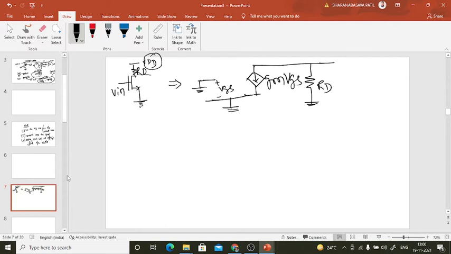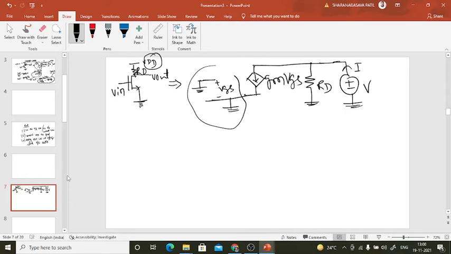That's why this RD is going from drain to ground, because this VDD is grounded. Now connect the test source across this and find the V by I ratio.